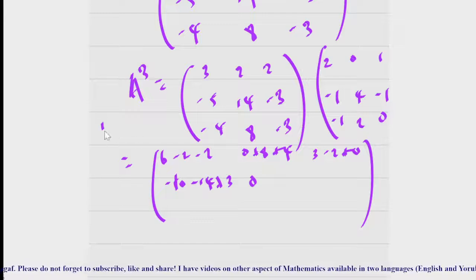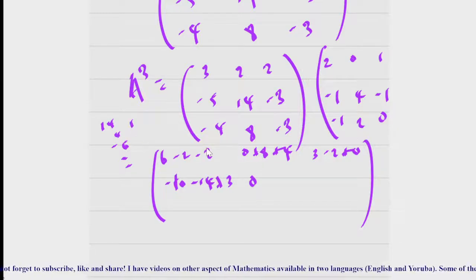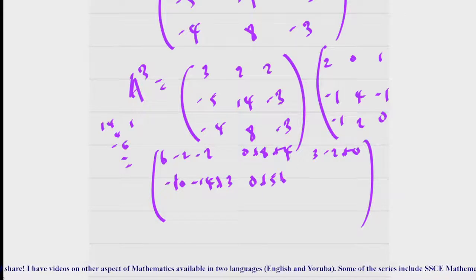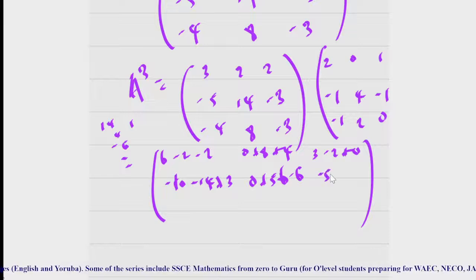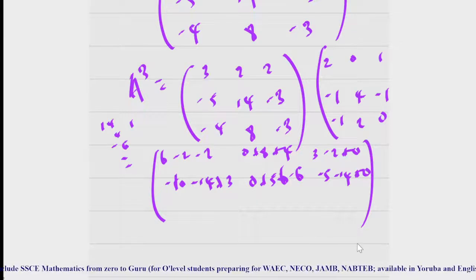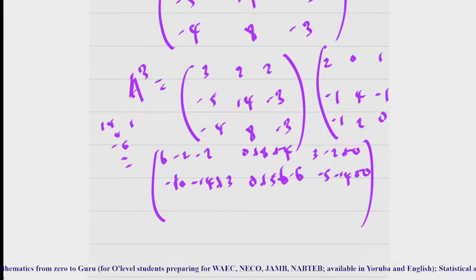So 14 times 4, that is 56. Minus 0 plus 56 minus 6. Right? I hope I don't make a mistake. And lastly, I have minus 5 minus 14 plus 0. So lastly, do the last column as well.